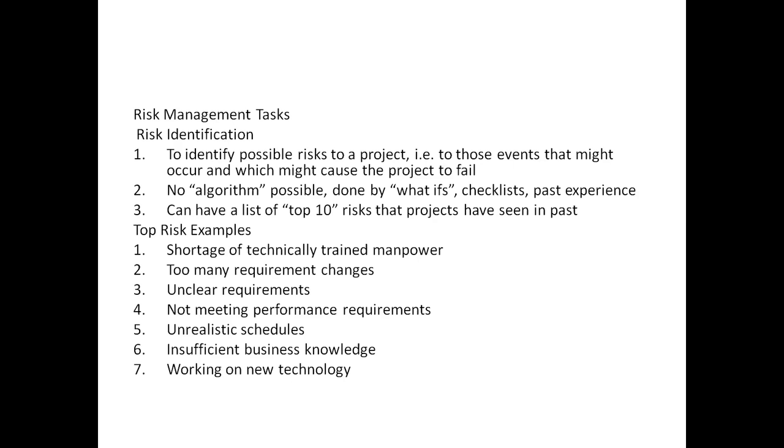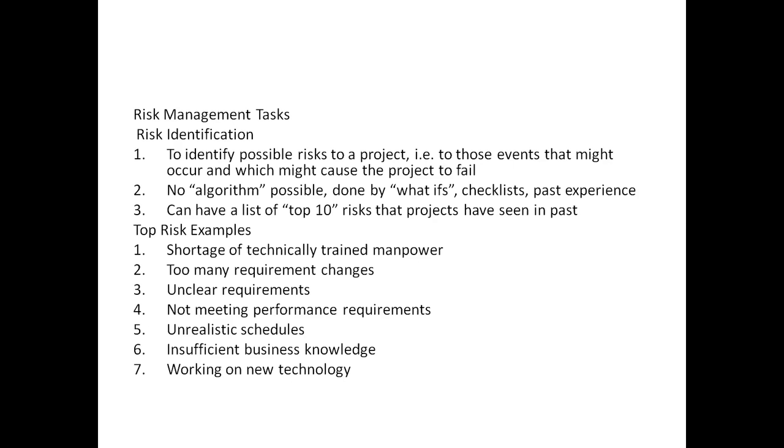Risk identification is the first step in risk assessment, and it identifies all the different risks for a particular project. These risks are project dependent, and it is difficult to identify them; identifying them is an exercise.